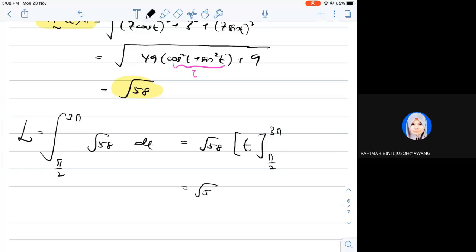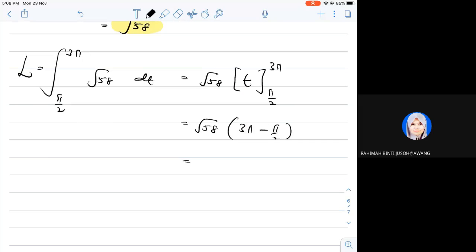So square root of 58 times (3 pi minus pi over 2) equals what, guys? Are you using a calculator? No calculator. 3 minus 1 over 2 gives what? 3 over 2? No, 5 over 2. 5 pi over 2. It's okay, nice try. I like it when students respond.